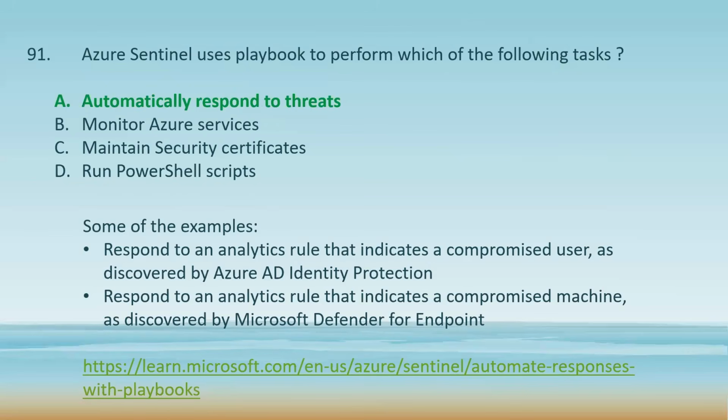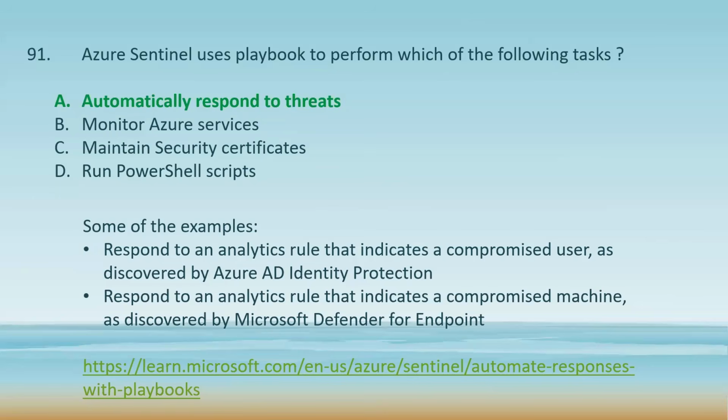Azure Sentinel can immediately respond to threats with minimal human dependencies when utilizing playbooks. Some of the examples can be responding to an analytics rule that indicates a compromised user as discovered by Azure AD Identity Protection. It can also respond to an analytics rule that indicates a compromised machine as discovered by Microsoft Defender for endpoint.